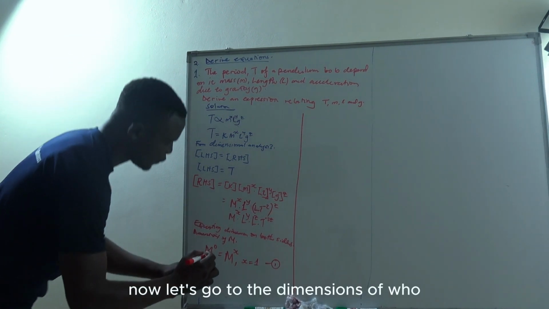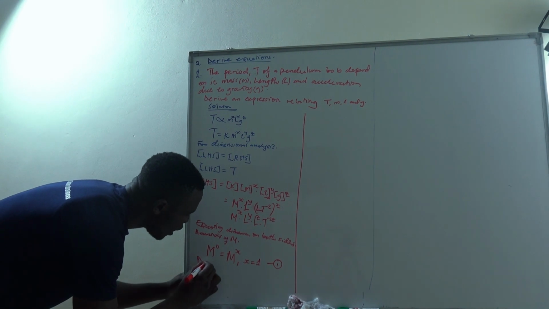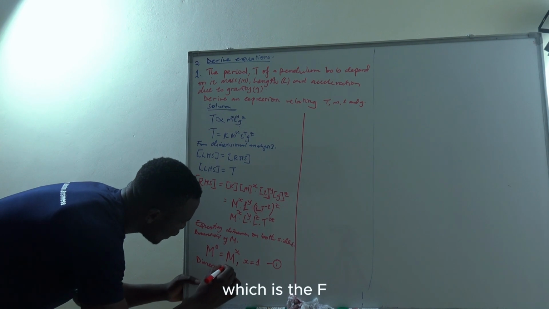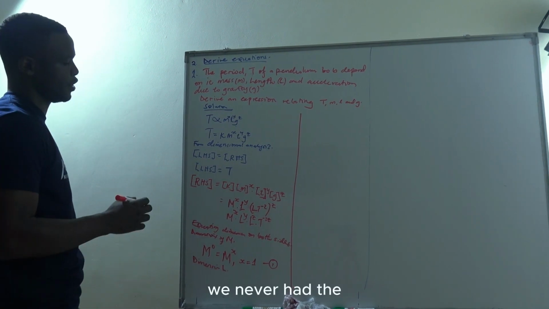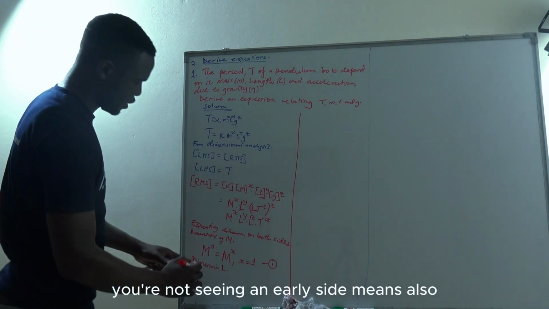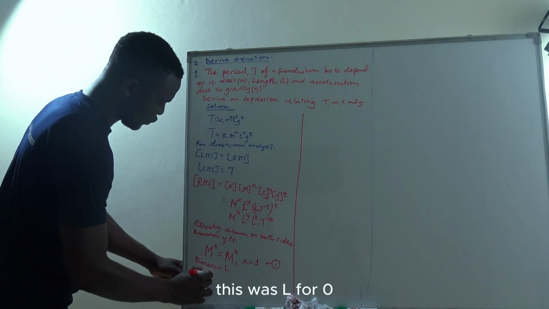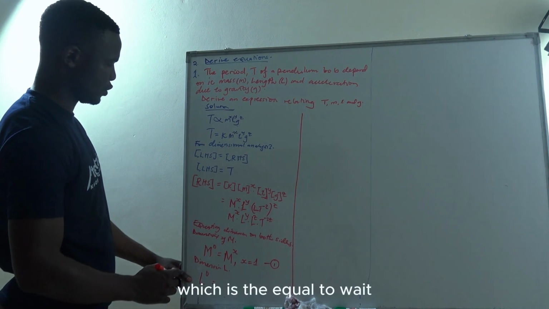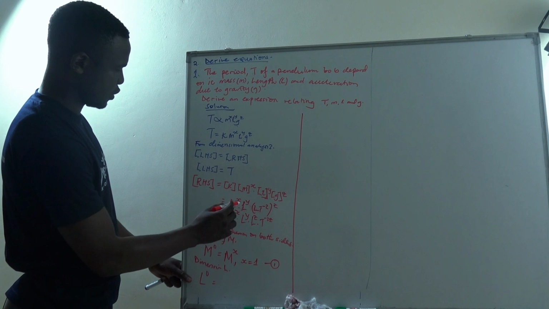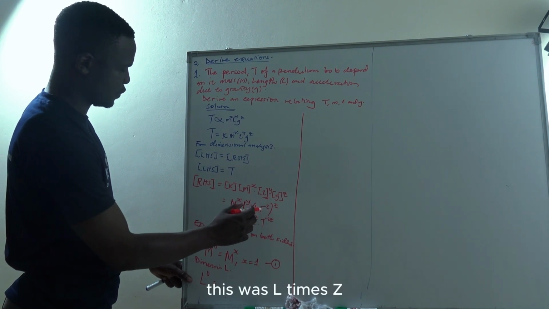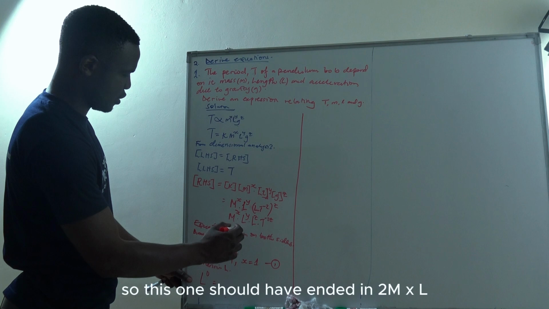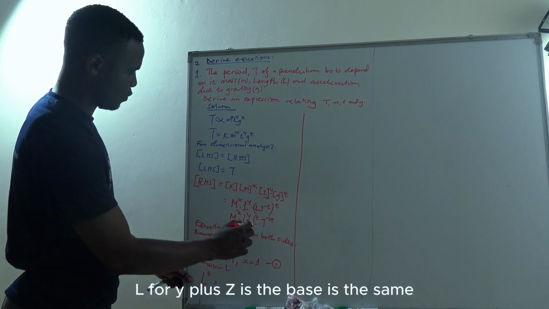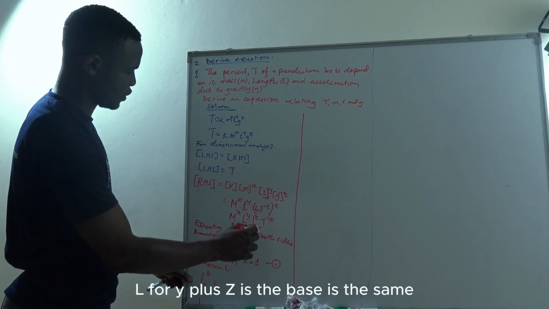Now let's go to the dimensions of another quantity, which is L. We are not seeing an L on the left side. It means this was L to the power 0, which is equal to L to the power y plus z, since the base is the same.